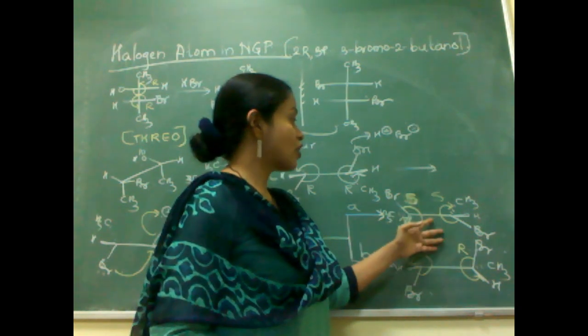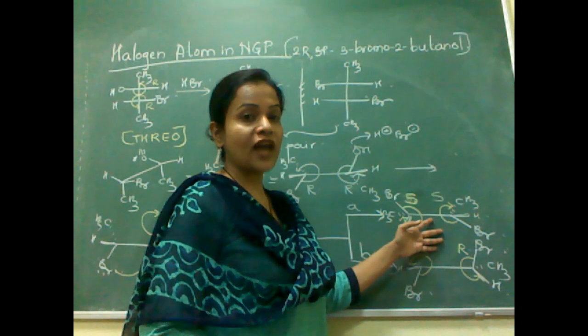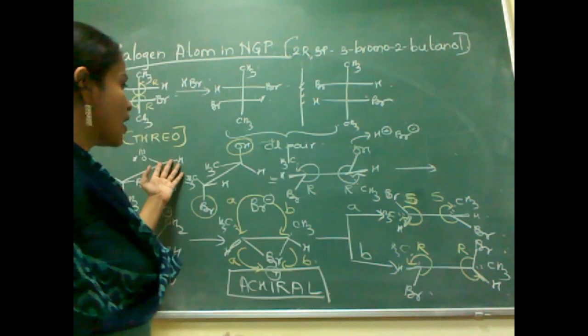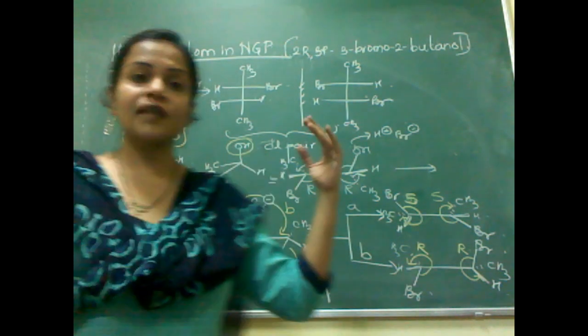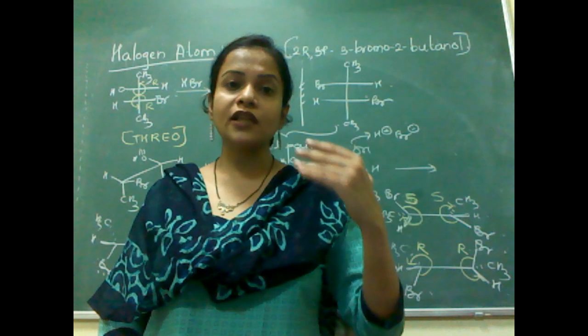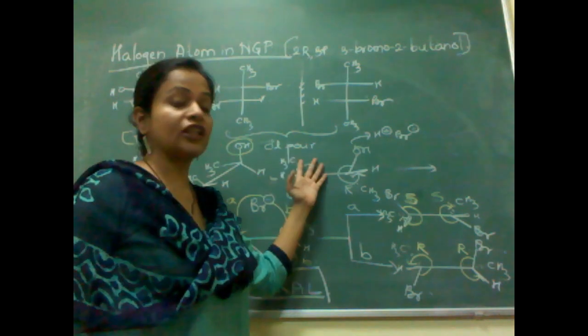When each of these is formed in equal proportion, it forms what is known as a DL pair. Okay. So this is in accordance with our observation. Now the question can be asked in the examination: although you start with an optically pure compound, you end up with an optically inactive DL pair.